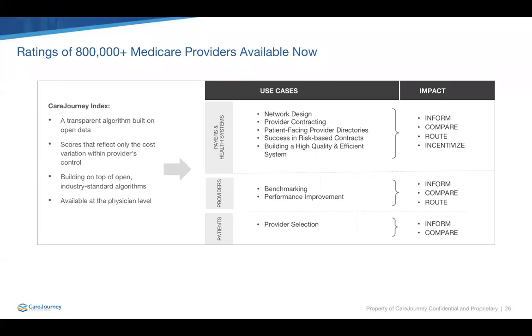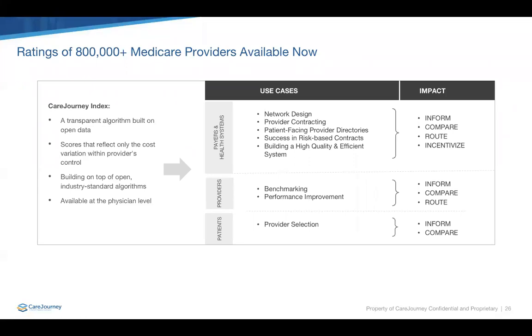Being able to point to individual, granular, episode-specific detail allows the conversation to go beyond the generic aggregated number. And on the patient side, we do dream of a world where we are working with a number of Blue Button app developers, but we are eager to see patients equipped with the information they need to make smarter decisions about the specialists and primary care doctors that they trust to care for their needs.